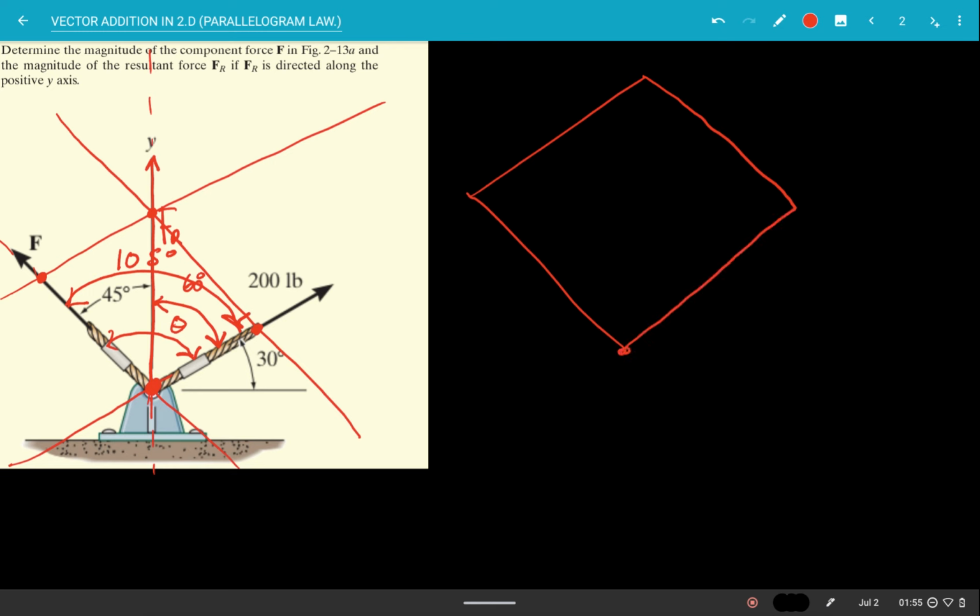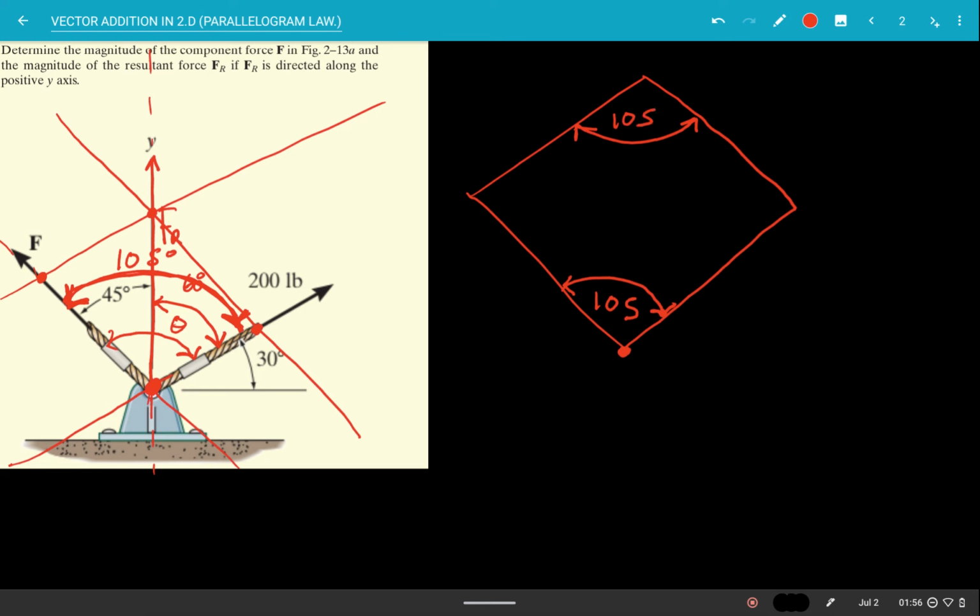Alright, so let me define this as my center, which is that point there. So I know that the angle in between, the angle there that I have found, is 105. So the angle here is simply 105, which means that even this is 105.